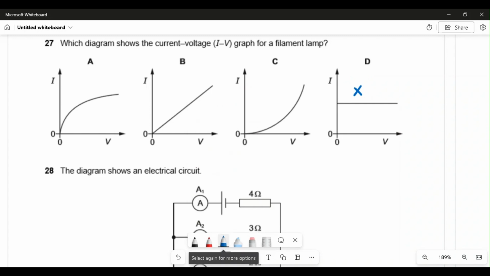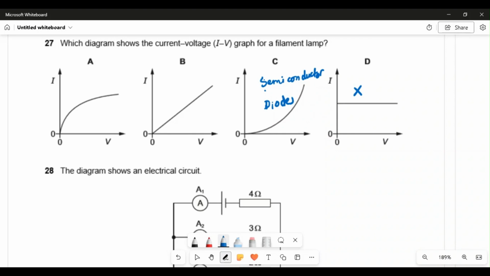Moving to C, when voltage is increasing, current increases slowly and then it will increase quickly. So this behavior is for semiconductor diodes. A semiconductor diode behaves like this.